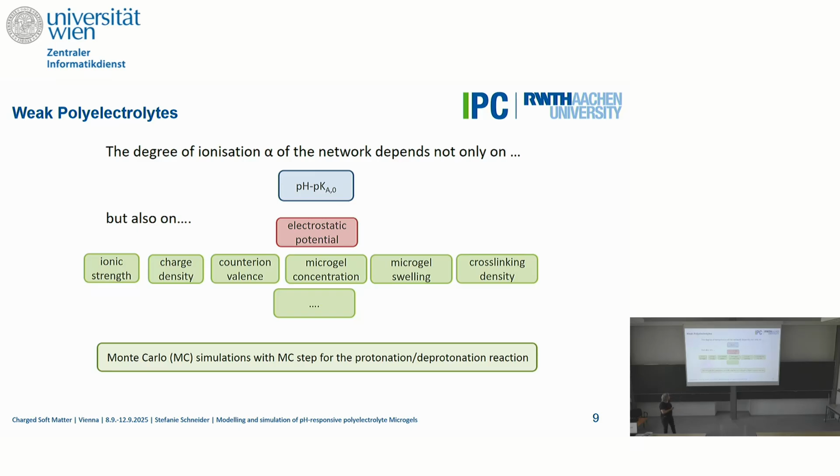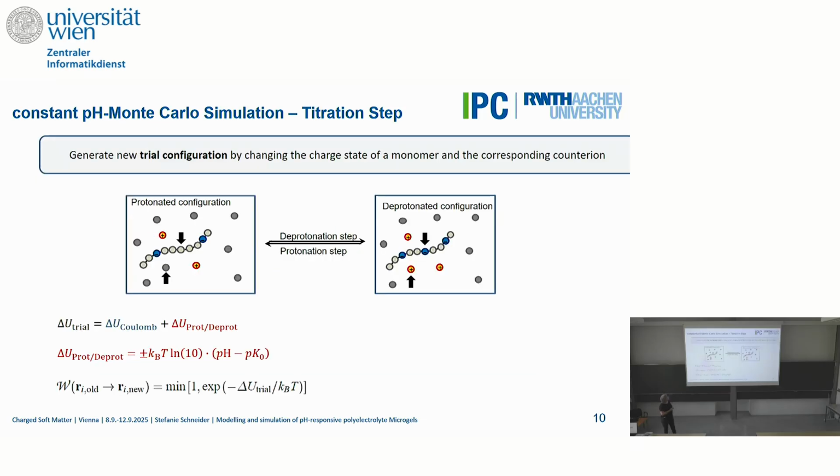So we do Monte Carlo simulations with a certain Monte Carlo step for the reaction. We use the constant pH Monte Carlo simulation where we introduce a new charge on the chain and simultaneously charge a counter ion.